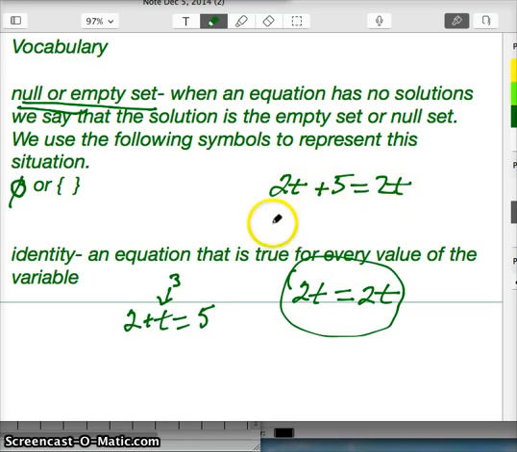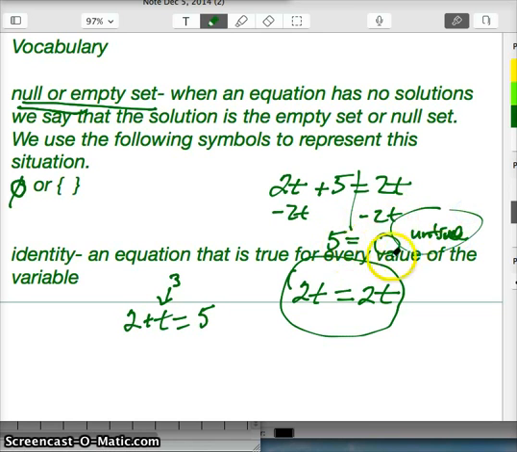If you were to actually start trying to solve, you'd subtract 2t from both sides, and you'd end up with 0 is equal to 5, which we know is untrue. When we have an obviously false statement, we know there's no way it can be true as you're trying to solve. Then you know that you have an empty set. So we'll see that example a little bit later.